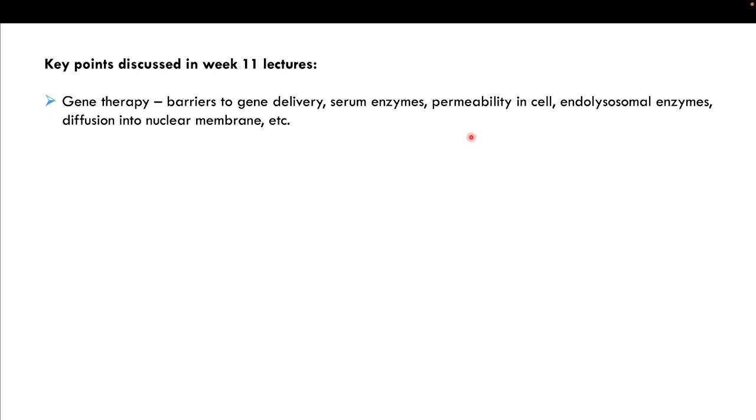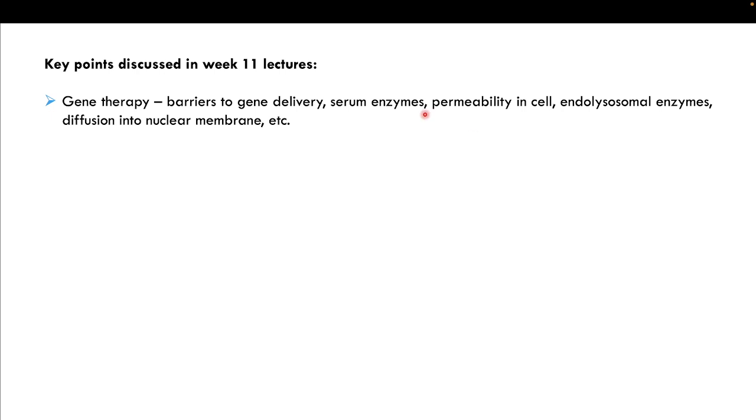Because of this harsh environment, it could also degrade your gene. For your gene to be functional, it has to reach the nucleus to be transcribed. If it doesn't reach the nucleus, then the therapy is again a fail.